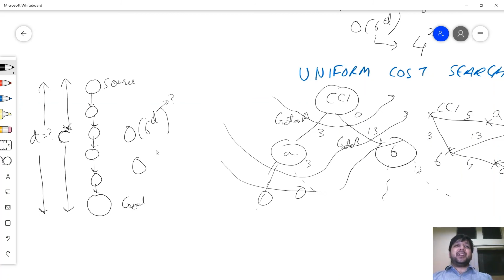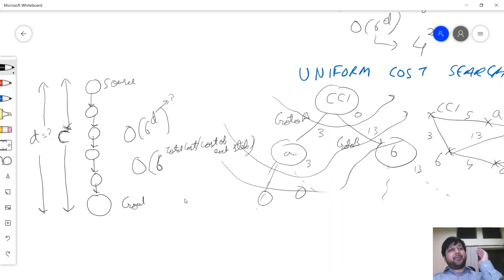So I can write down b raised to power the total cost divided by the cost of each step. That will give me d, the total cost divided by the cost of each step.